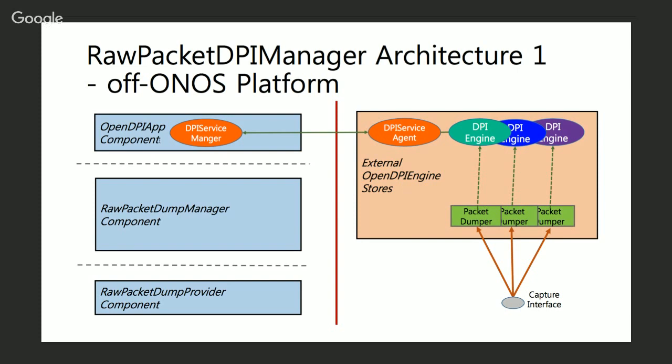The application has to interact with the external DPI system without going through the ONOS platform. But if you have a DPI service manager on the platform, it can interact with the ONOS controller for sending requests for redirecting the necessary flows, etc. If you are off the platform, then those things somehow have to be connected again.